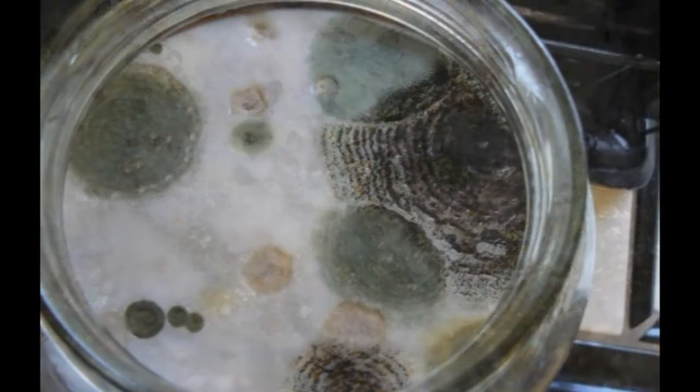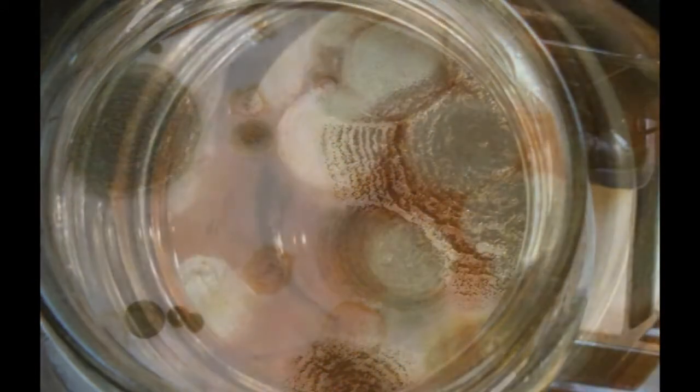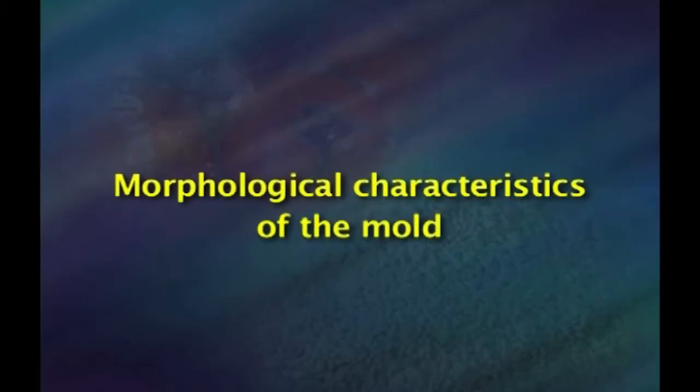Colored spores are typical of mature mold of some kinds and give color to part of or all of the growth. Now we will learn about some of the important morphological characteristics of the mold.